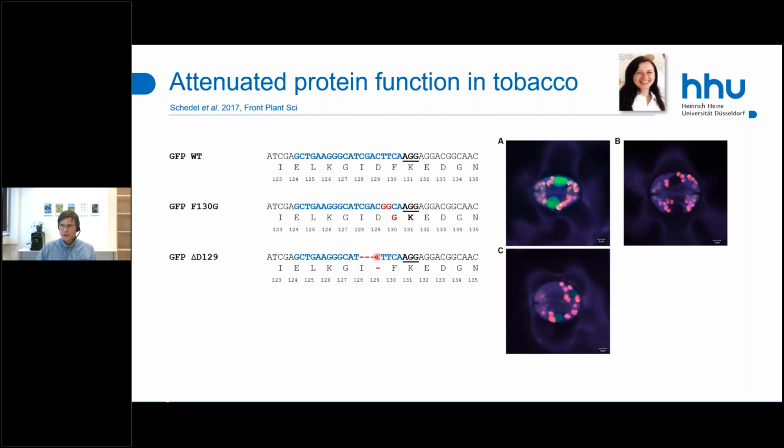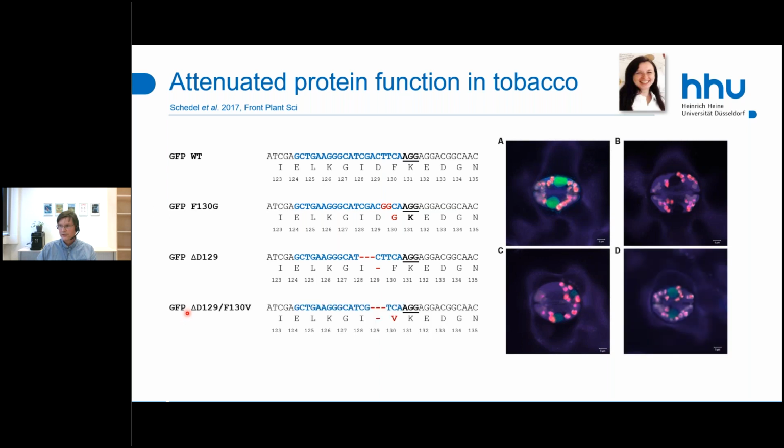Another observation which she made, and which is also related to what I have told you before, is that by deletion of 3 nucleotides, she loses just 1 amino acid, which leads to a so-called attenuated protein function. So you could alter the protein of investigation, you can weaken it, or depending on the outcome, maybe even find something different.